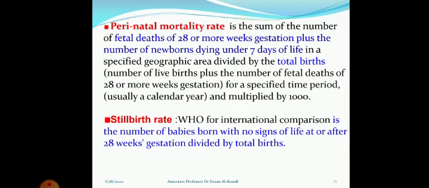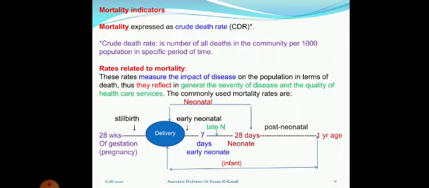Another one is the perinatal mortality rate. If we go back to the previous slide, peri means around. So it is the number of deaths around the delivery, and it includes two periods.